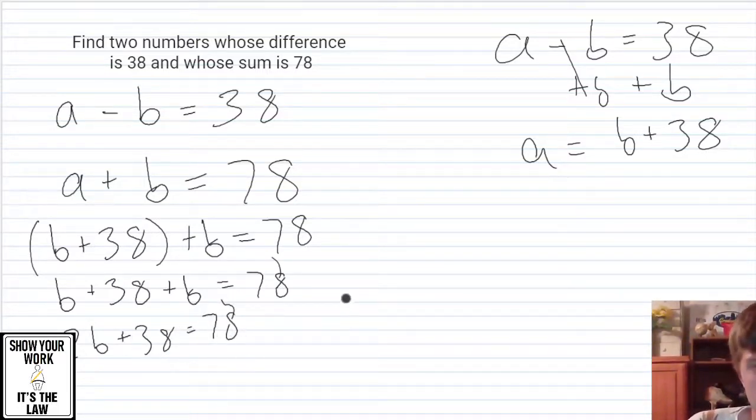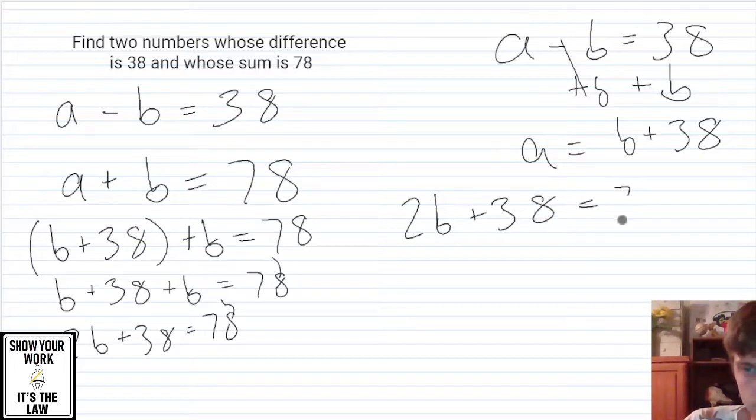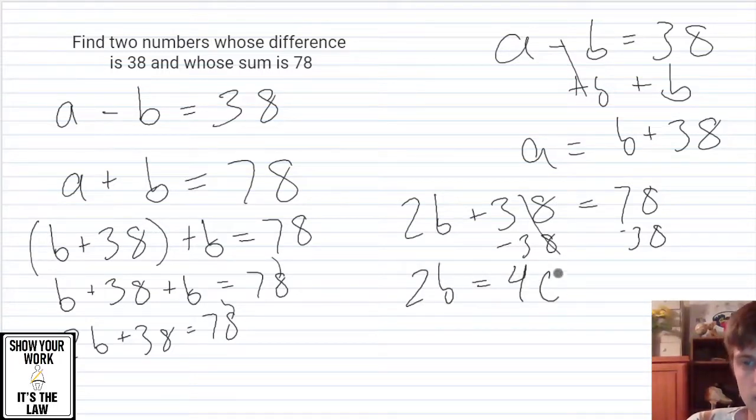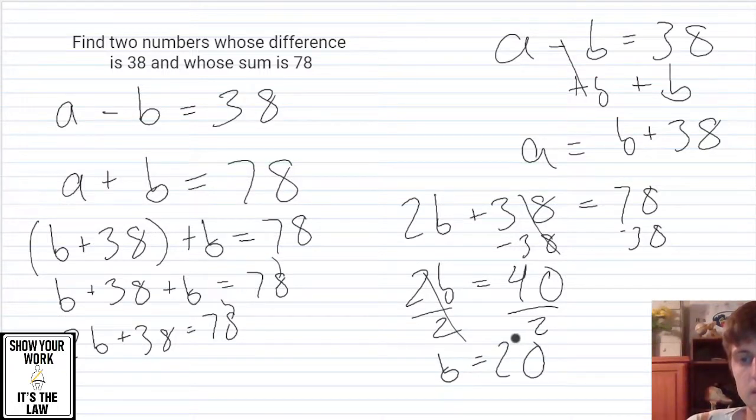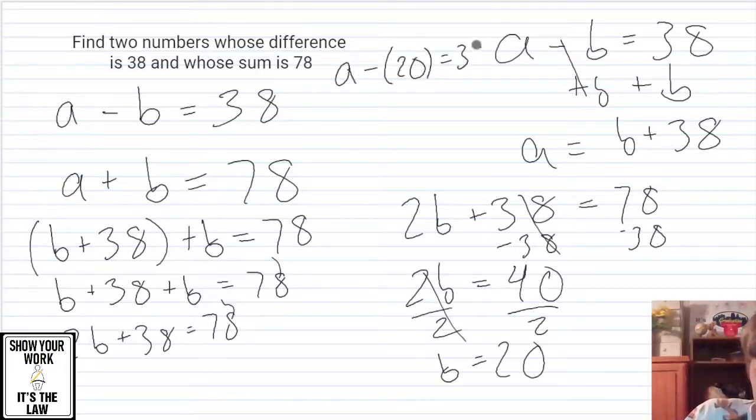All right. 2B minus 38 plus 38. 78 minus 38 minus 38. 2B equals 40, divided by 2. B equals 20. And if B equals 20, let's go ahead and substitute back in to our upper problem over here. A minus 20 equals 38. That would mean A equals 58.